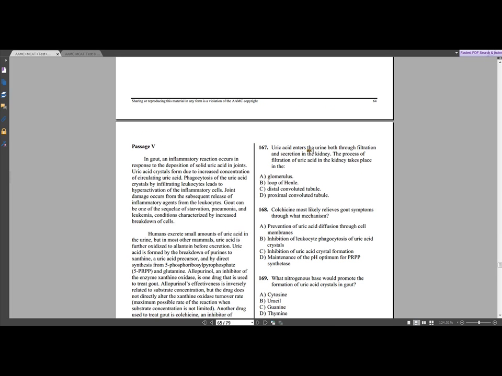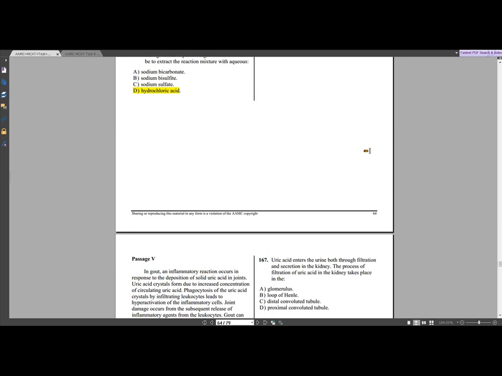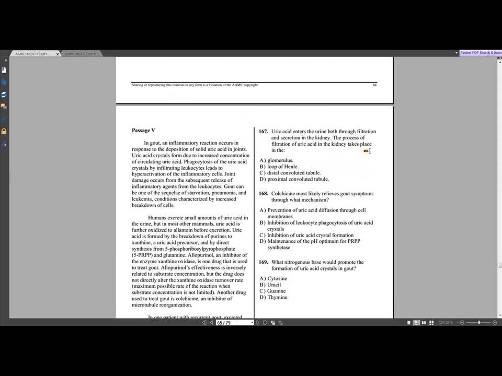Uric acid enters the urine both through filtration and secretion. The process of filtration takes place in the glomerulus, distal, and proximal. So I don't know what you're talking about. It takes place in all of them. Oh damn, it's the uric acid.